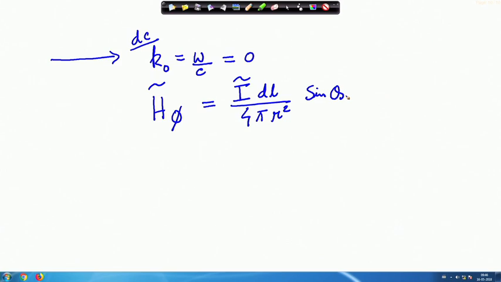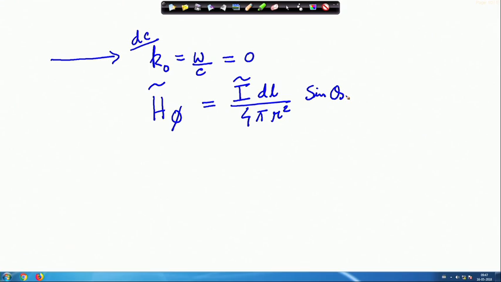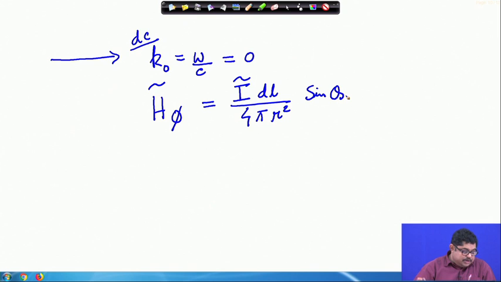If we send a current of I, then for an infinitesimal length dl, the magnetic field will be azimuthal, and this came from the Biot-Savart law. So, it boils down to the Biot-Savart law for DC, but for antenna radiation we have a time varying current. So, we do not have DC, we have an AC current.